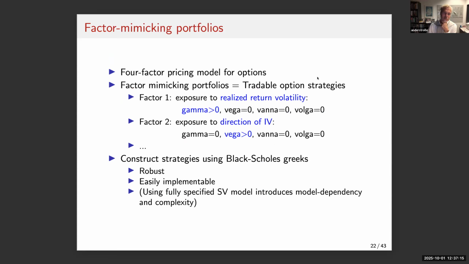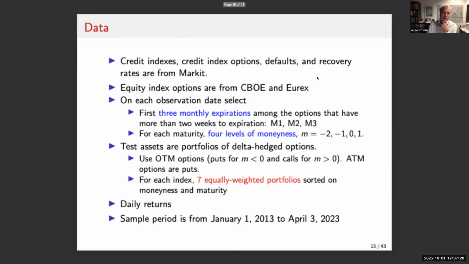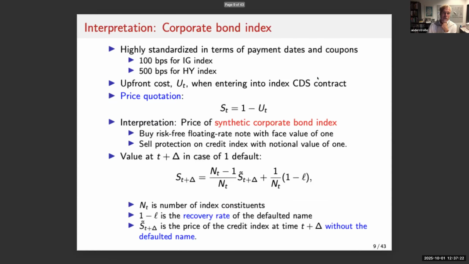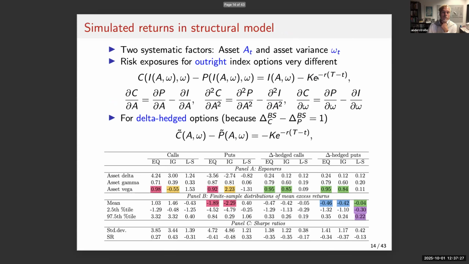excess returns on options. And then one thing that they argue is that they cannot reject their model based on average excess returns on credit and equity options, but they look at average excess returns on outright options.